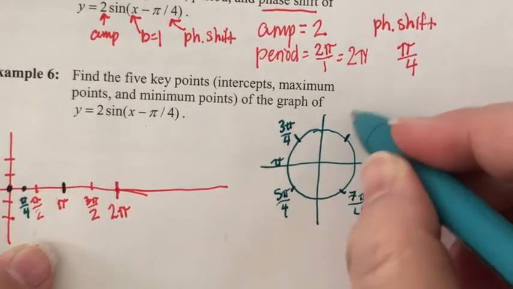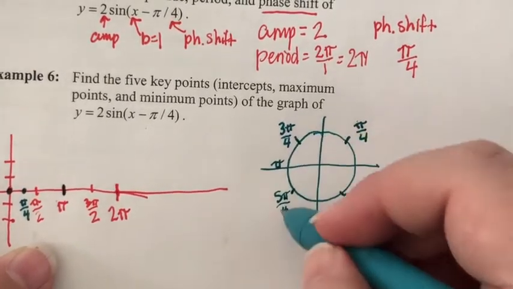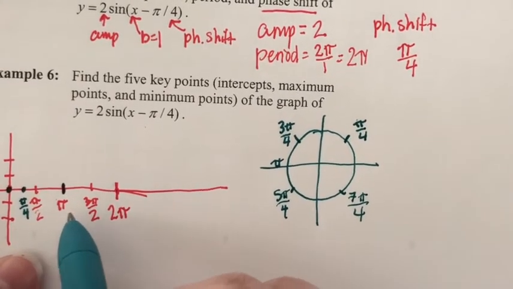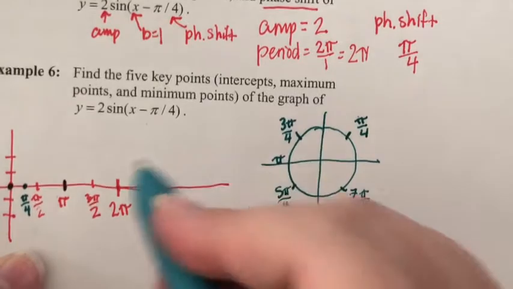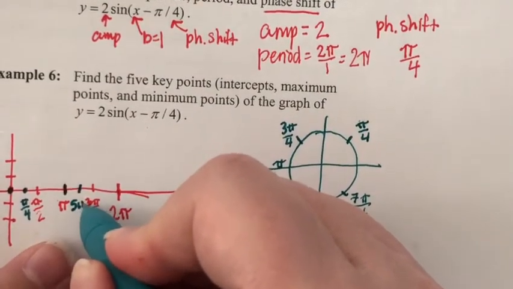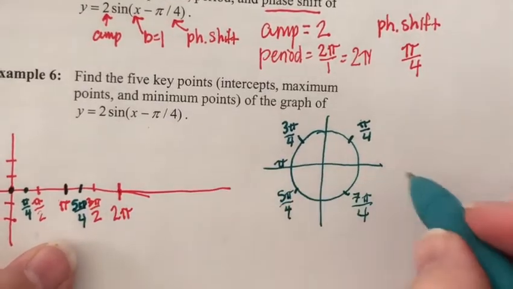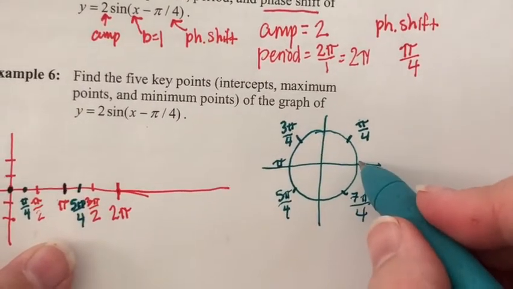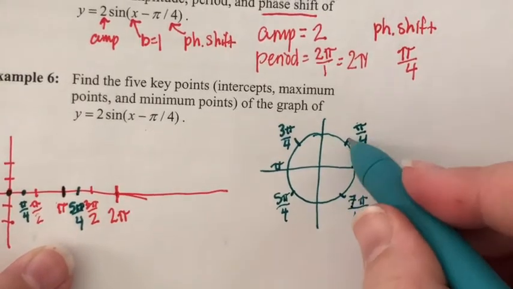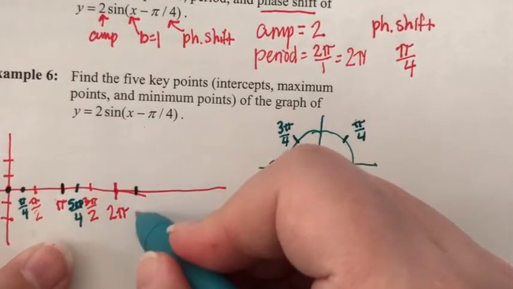If we kept on going, that would be 9 pi fourths, 11 pi fourths, and so on. So what's one of those little things after pi? That one right here is 5 pi fourths. And another pi fourths after this, so if that was 7 pi fourths, this over here will be 9 pi fourths.